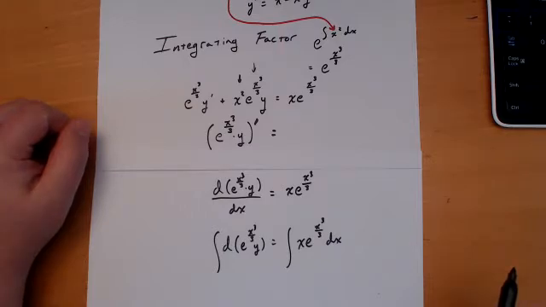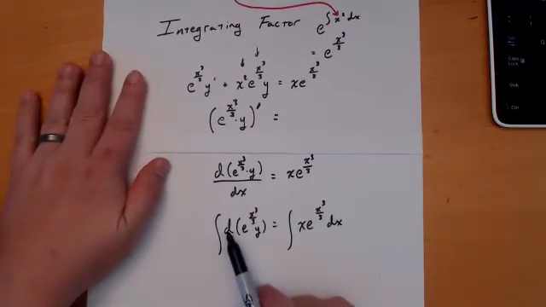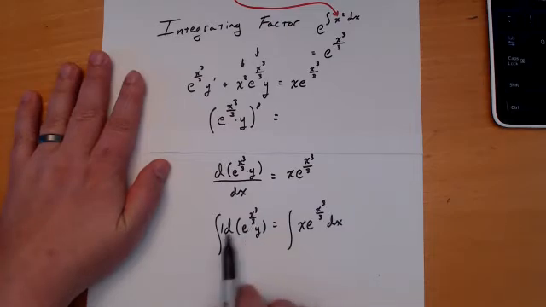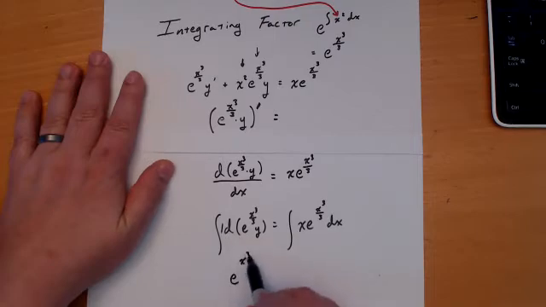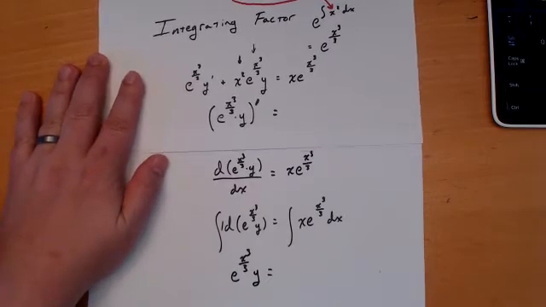Wait, so is it on the left side? That is the integral of 1 with respect to e to the x cubed over 3 times y. And since this is the thing that I'm integrating with respect to, this just becomes that.